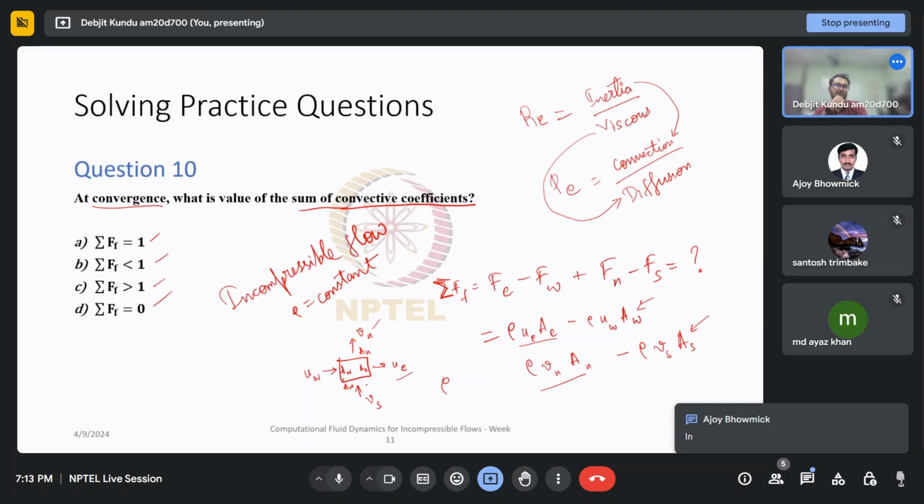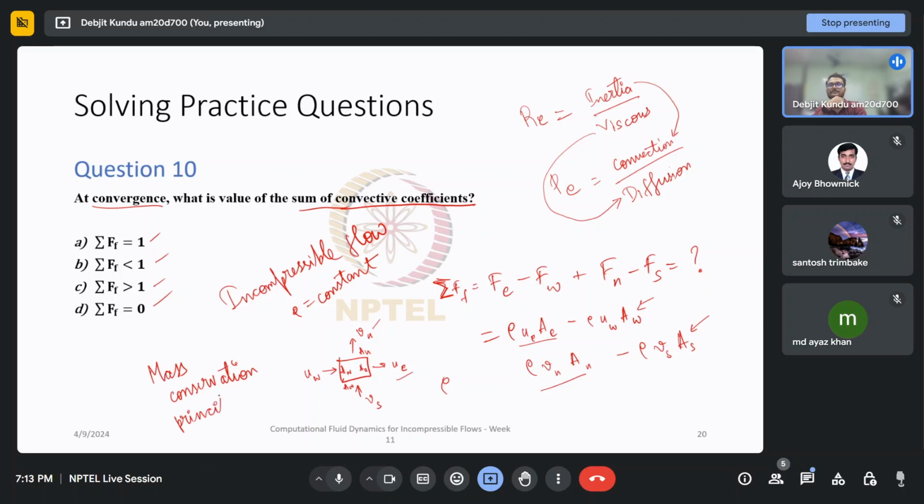So there is no net influx or outflux. Whatever comes in goes out. The total amount of fluid within it has to be constant, right? Because of the mass conservation principle. Whatever comes in goes out, so there is no net influx or outflux.